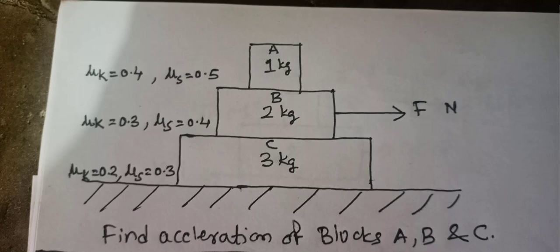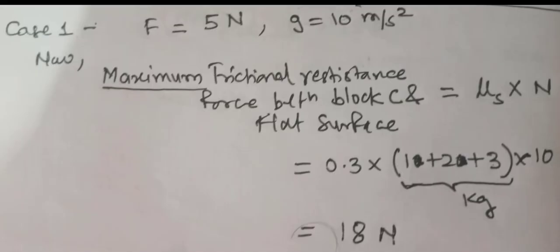So the total force is (1 plus 2 plus 3) into 10, so 6 into 10, 60 Newton is acting on the surface, and when you multiply by the static coefficient of friction 0.3, you get 18 Newton. So the maximum frictional resistance force between block C and the flat surface is 18 Newton.